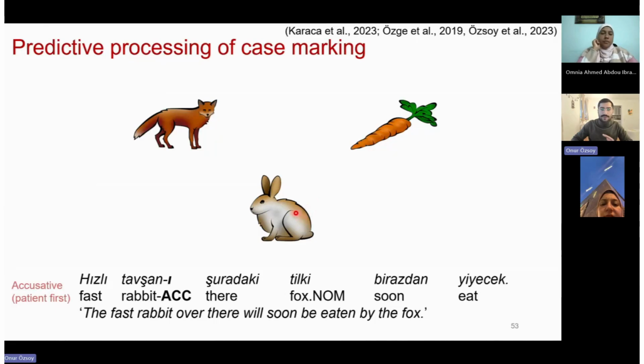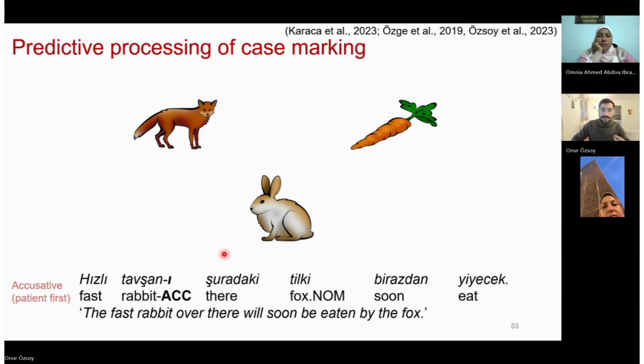So they already know the rabbit is out because it's already mentioned. And they can look now either at the carrot or at the fox as a suitable agent for the sentence as a subject. And carrots are not great agents. They cannot do many things. They're not alive, they're inanimate, but foxes can do things. Foxes are animate and active. And especially they can do things to rabbits.